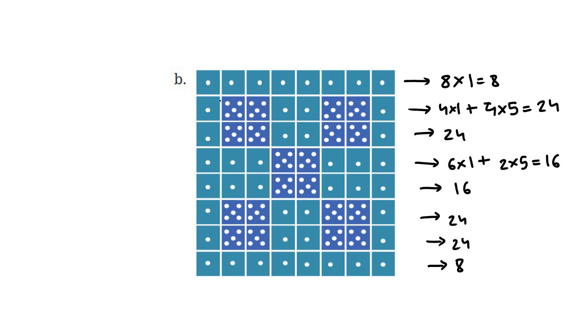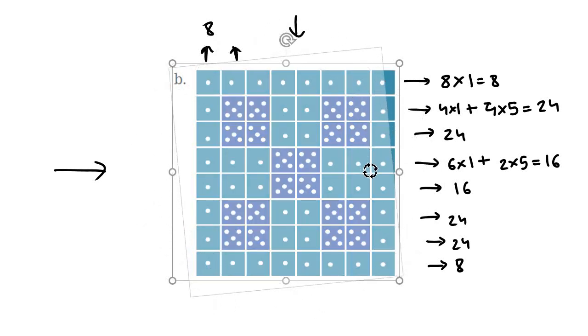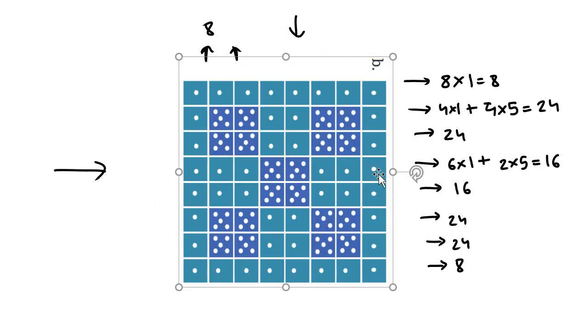Now if you do the addition on this side, you will get the similar number, which is 8. The pattern is symmetric whether you see it from here or here. There is a symmetry over here. Let me show it to you. See, this is the figure. Now if I rotate it slowly, hardly anything changes.